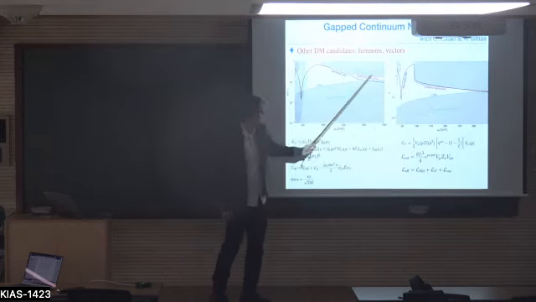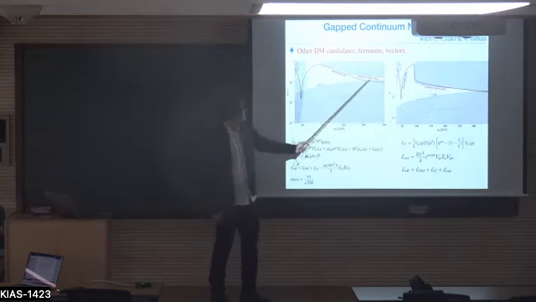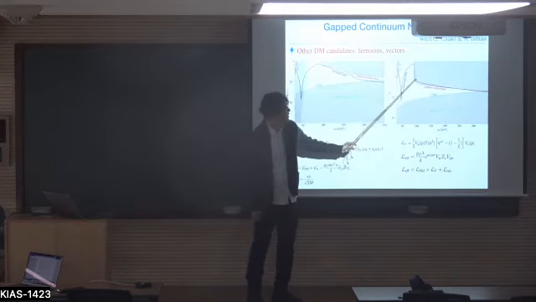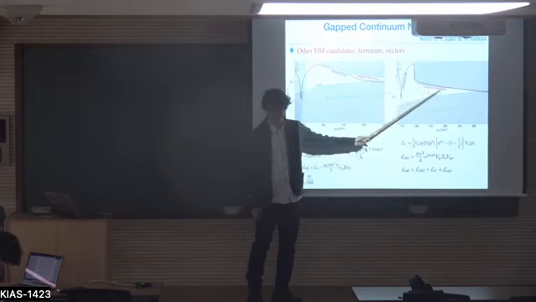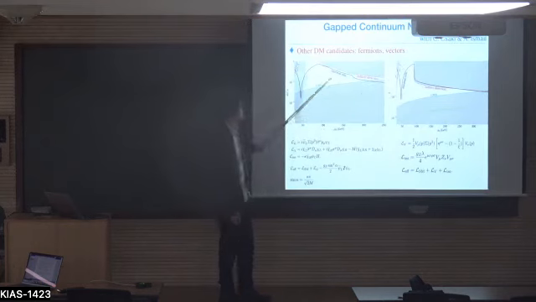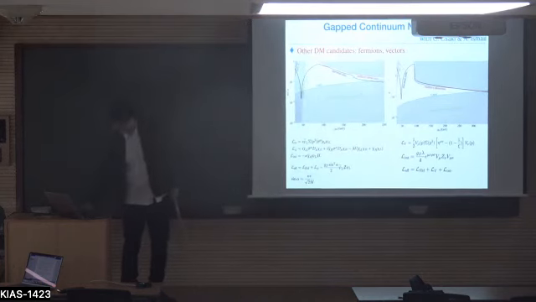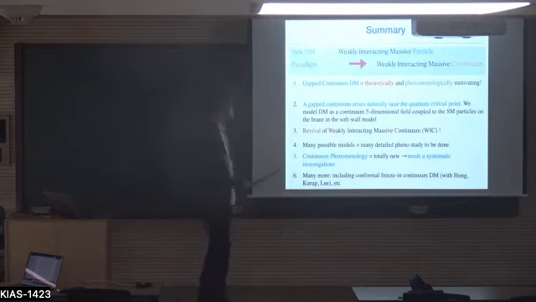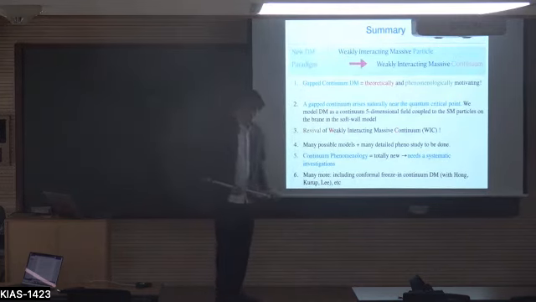So here, indirect detection for the vector is actually important. It rules out certain parameter space that explains 100% of the dark matter relic abundance. But there are many parameters allowed at the weak scale. So in summary, the gap continuum dark matter works well.